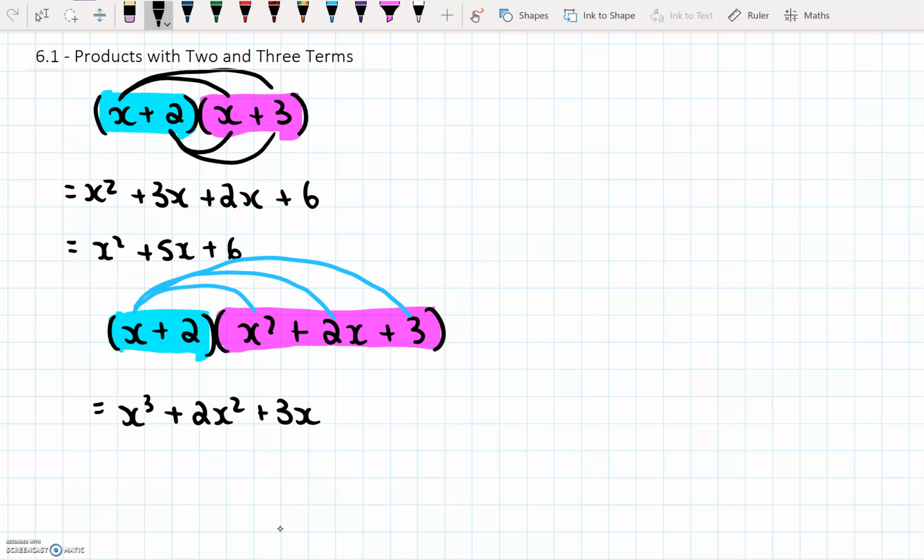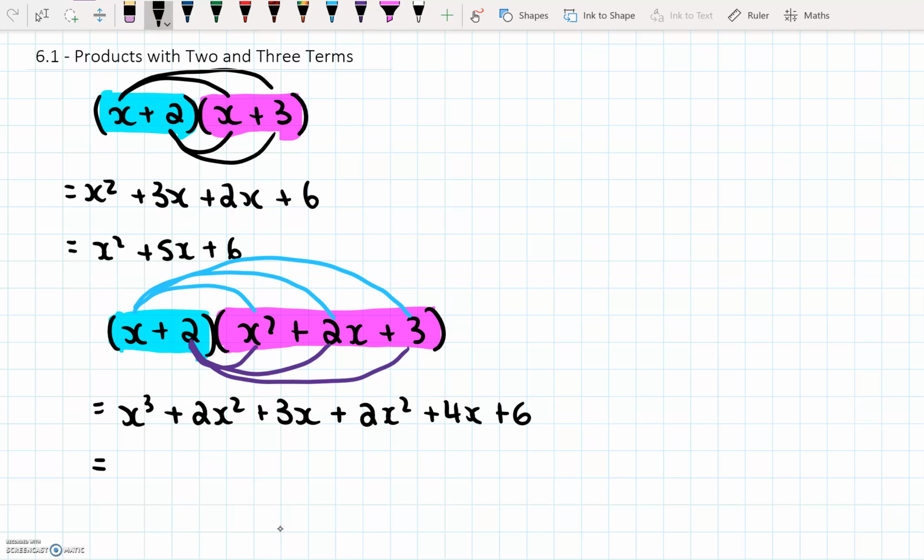Now that's lovely. We're going to do the same thing with the 2. So we've multiplied the x by all terms in the second bracket. Now we're going to multiply the 2. So 2 times x squared gets us plus 2x squared. Then we have 2 times 2x, so plus 4x. And then we have 2 times 3, so plus 6.